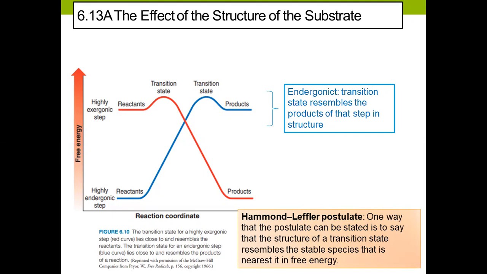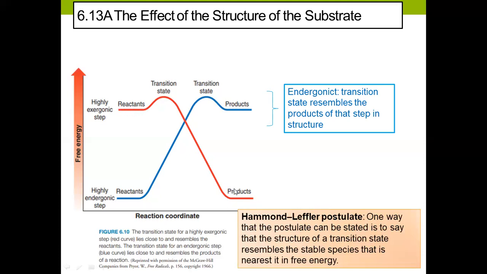You can have an exergonic step, which is when you form a negative delta G. Here for the red one, the delta G of the product is lower than the delta G of the reactants.